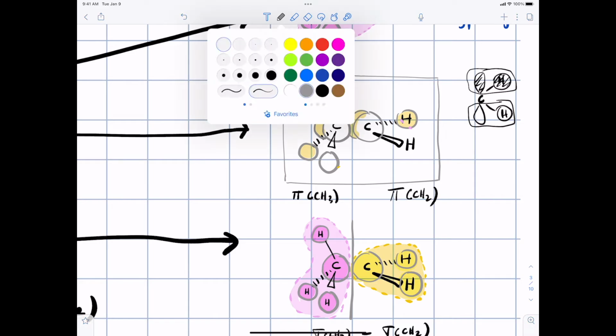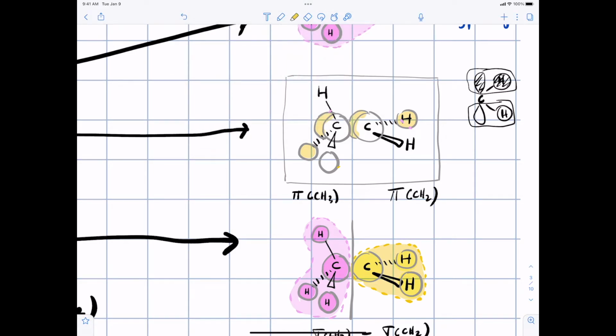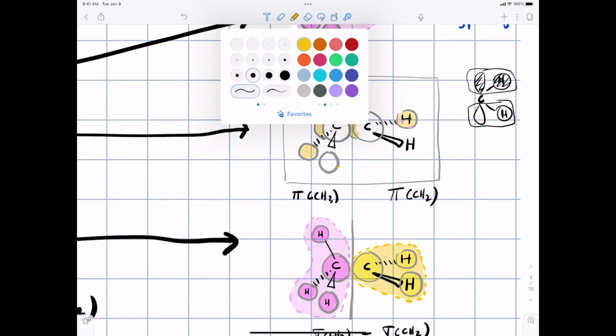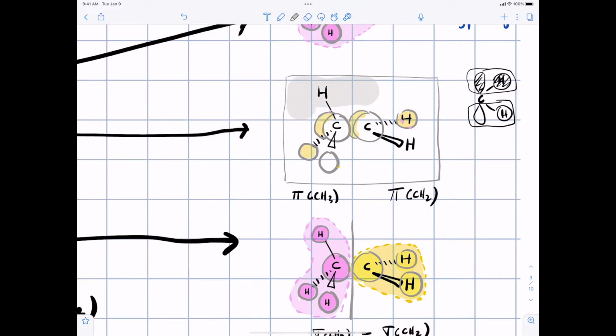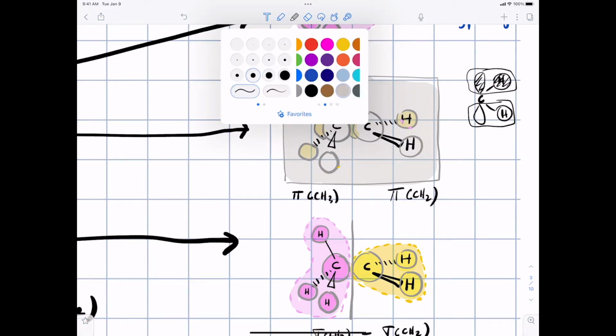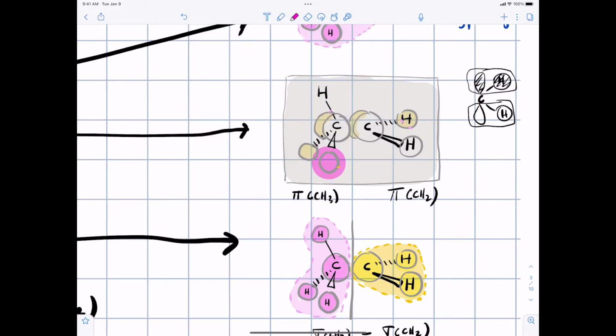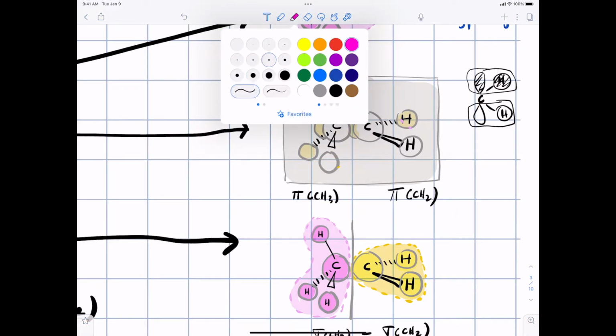And then I'll color the gray representing the node. And then the pink is going to be on top.